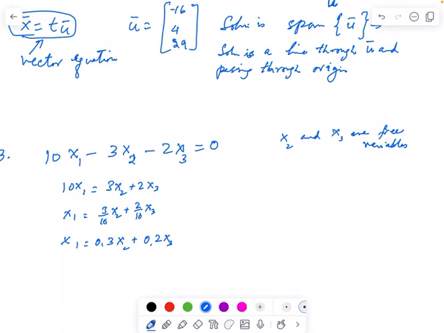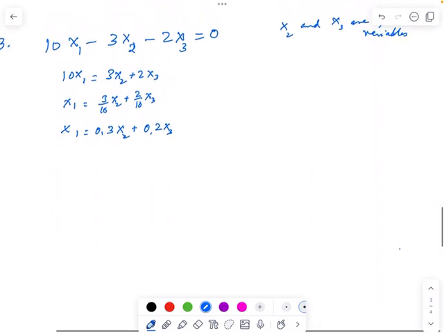Okay. So now at this stage, if I call them s and t, maybe it will be easier. So let x2 equal s, x3 equal t. Then x1 will be equal to 0.3 s. Now s and these numbers get confused, so I make the s like this.